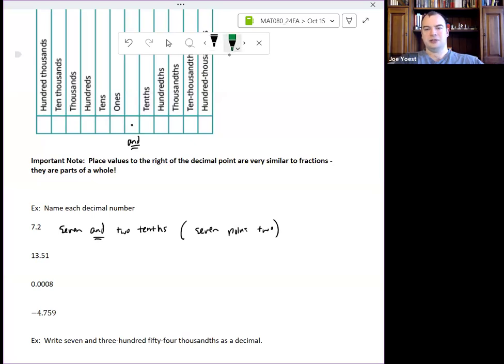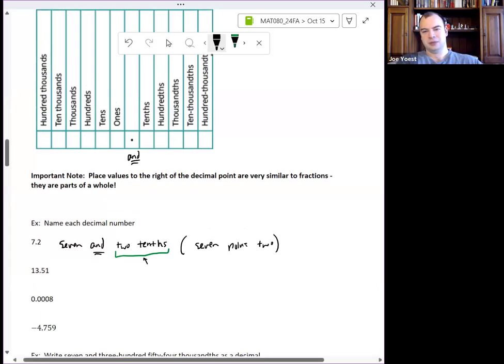The book does it this way for a good reason, even though it's a little bit less common colloquially if you're just talking about these numbers in an application or something, 7 and 2/10. The reason the book is doing it this way is, number one, like 2/10, it's naming the place value. So it's getting us used to saying these place values and indicating what they are.